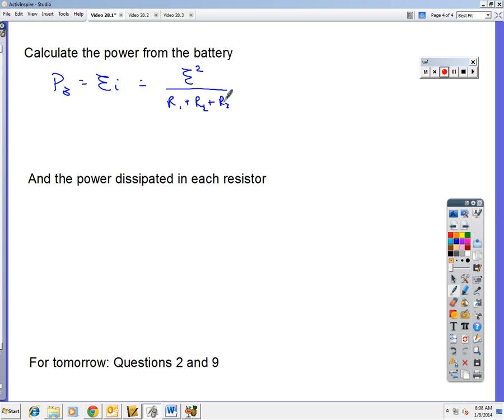And if we want the power dissipated in each resistor, we can use I times V, where I is the current through the resistor and V is the voltage across that resistor.